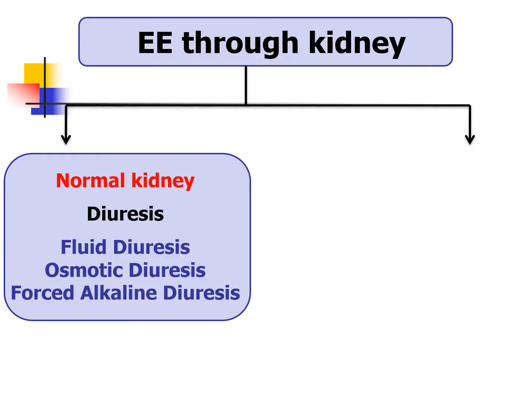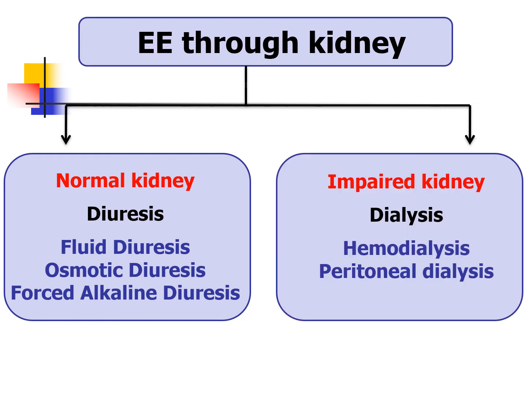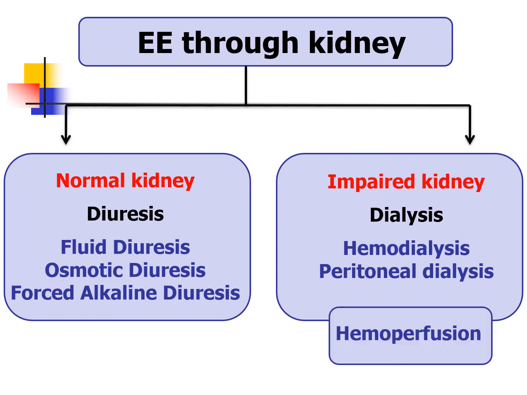So if my patient has normal kidney function, I'll use diuresis with its different types according to the severity of poisoning. And if he has impaired kidney function, I'll use dialysis, especially hemodialysis in clinical toxicology, and charcoal hemoperfusion. Thank you.